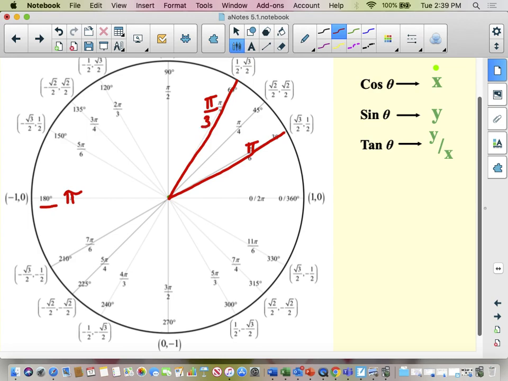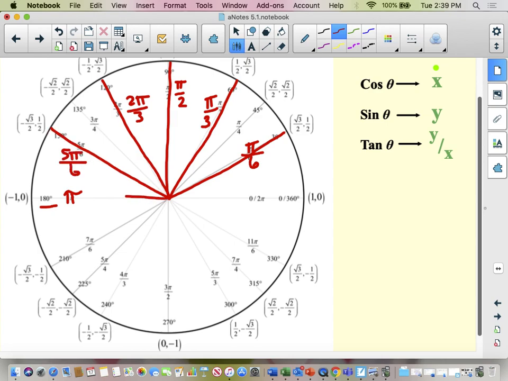So I got pi over 6, pi over 3, so there's 1/6, 2/6, 3/6 would be right here. 3/6 is pi over 2 reduced. 4/6 would be this sliver, and 4/6 reduced is 2 pi over 3. 5/6 right here, and 5/6 doesn't reduce, and then of course 6/6 I'm at pi, right?